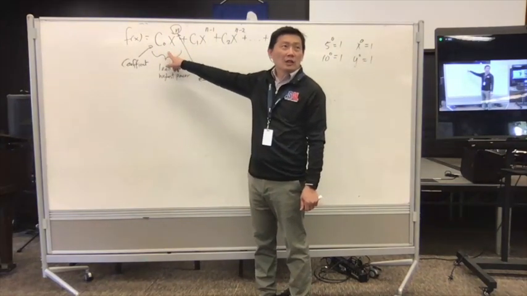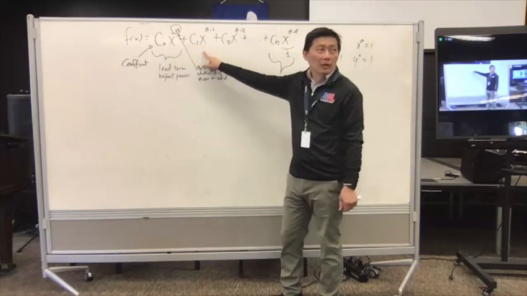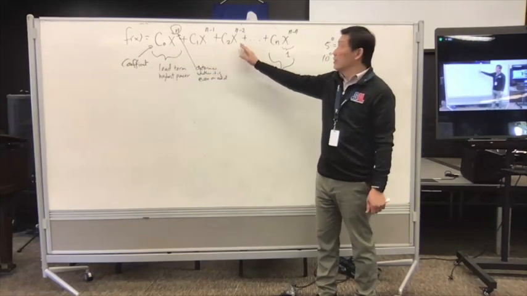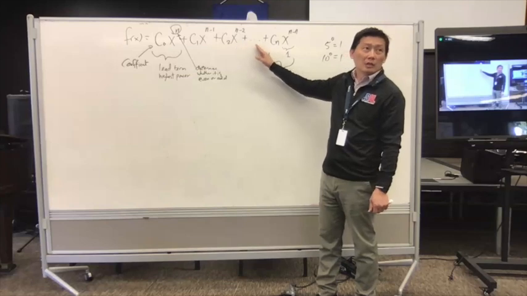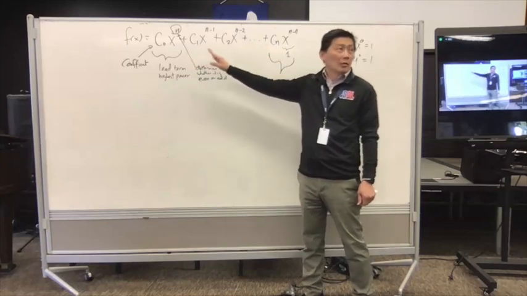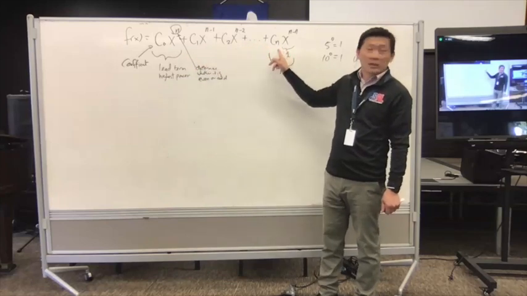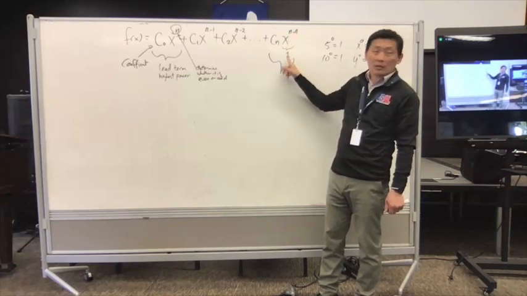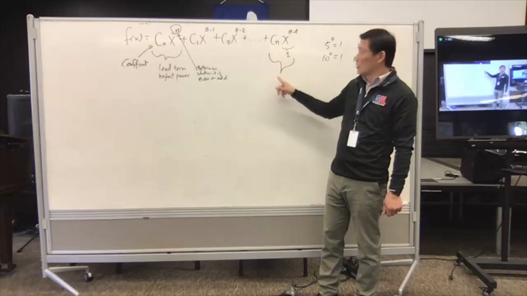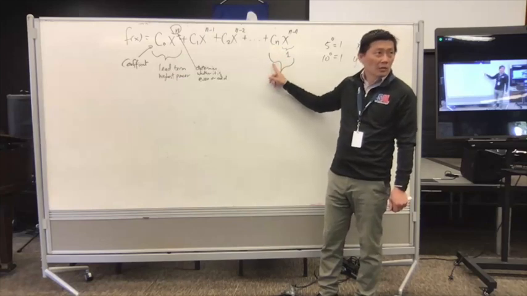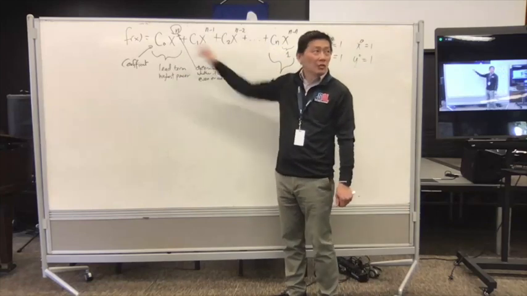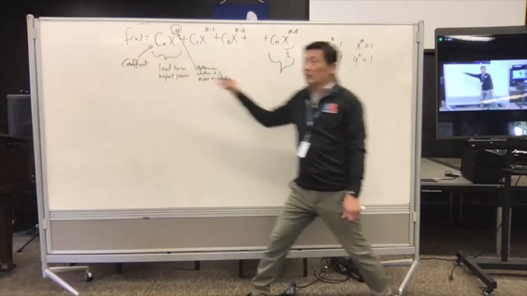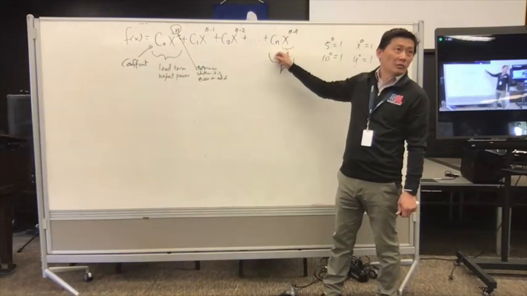If I put 0 in x, this term goes away, this term goes away, this term goes away. If you have 100 terms over here, they are all going to go away, except this one, because 0 to the 0 power in this case is still 1. 1 times whatever that constant is still gives that constant. So when x is equal to 0, the function ends up being this value.